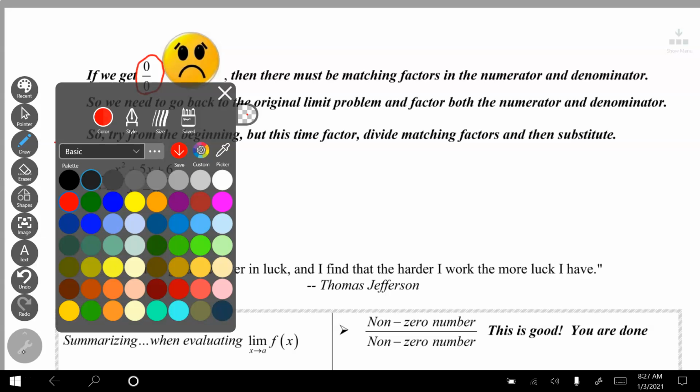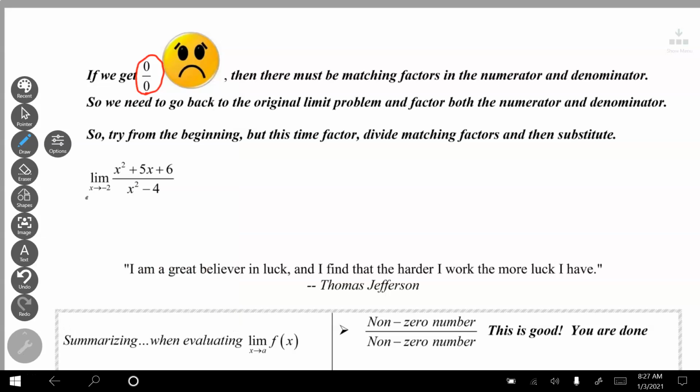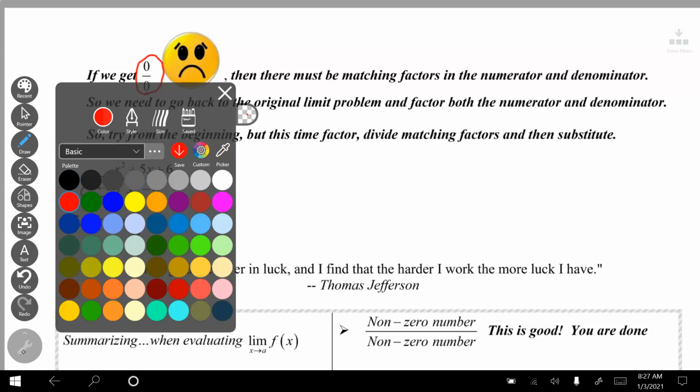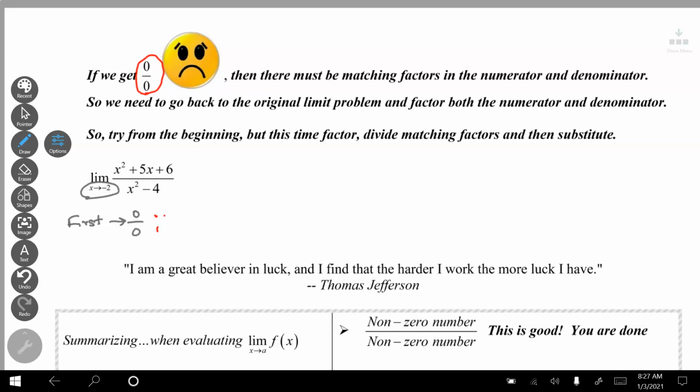So again, the first thing you always do is plug in this number. And we did that on the previous page, and we got 0 over 0. And when I see 0 over 0, I put my frowny face. That means I have to do more work, such as factoring. So when I factor this, I get x plus 2, x plus 3. On the bottom, I get x plus 2, x minus 2.